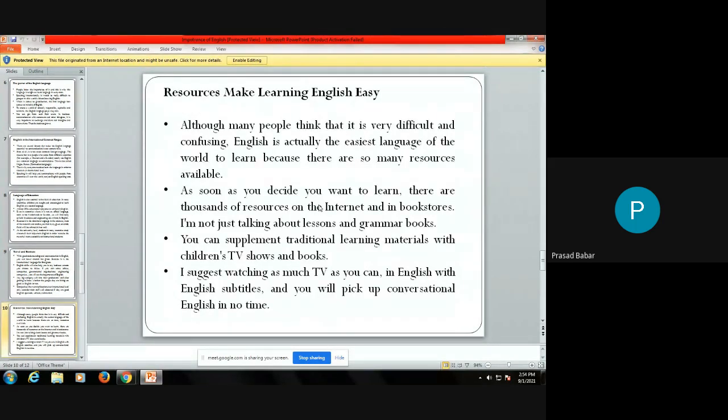So I will suggest watching as much TV as you can in English, with English subtitles, and you will pick up conversational English in no time.